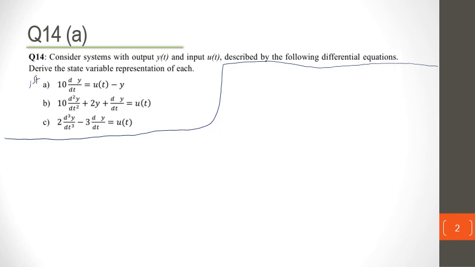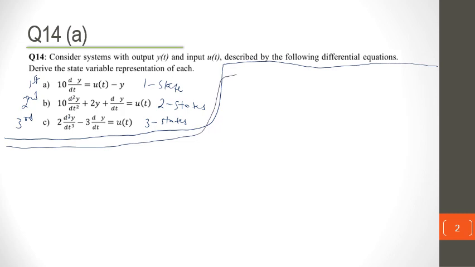In this case, we have a first order, which means we'll have only one state here. Then we have a second order differential equation, because here the highest derivative is the second derivative, so we'll have two states. And here we have the third order differential equation, so we have three states. So that's the general rule.